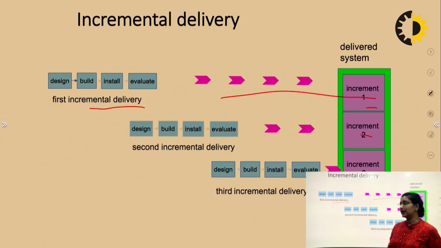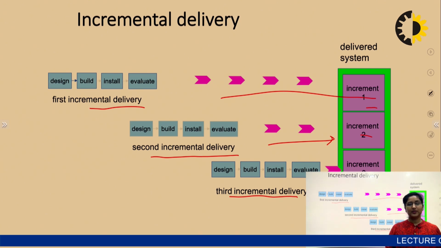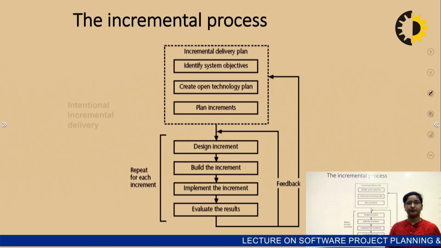Secondly, the second incremental delivery, which is composed of the same components as the first delivery, that is design, build, install and evaluate, then goes to increment number 2. Similarly, the third module is also developed with the help of the third incremental delivery, having the same components, same steps, that is design, build, install and evaluate, and then going to increment number 3.